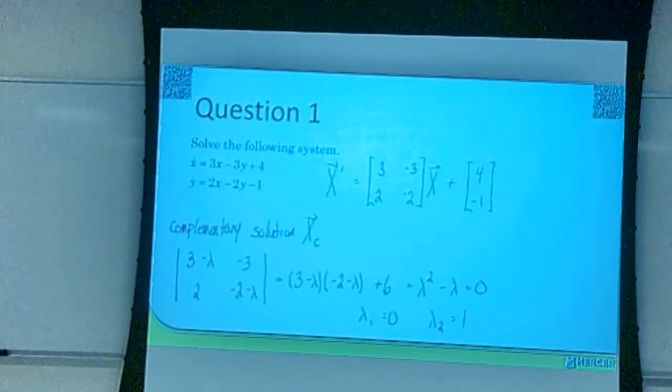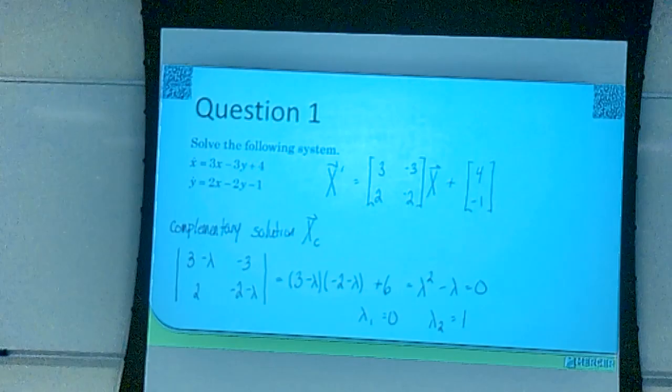That is the best outcome. You get two eigenvalues from a 2 by 2. That means we're going to get two linearly independent solutions right off the bat.